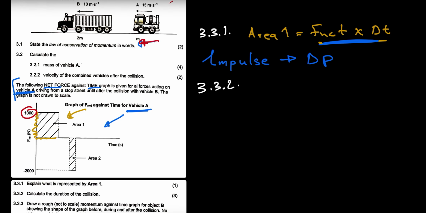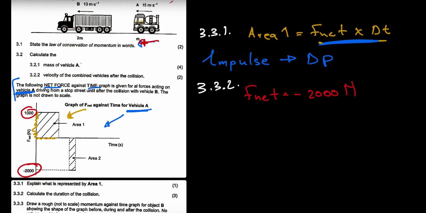Before any contact, the force was 1000 newtons. But during the collision, the net force experienced by this object is now negative 2000. So the net force during the collision is equal to negative 2000 newtons.